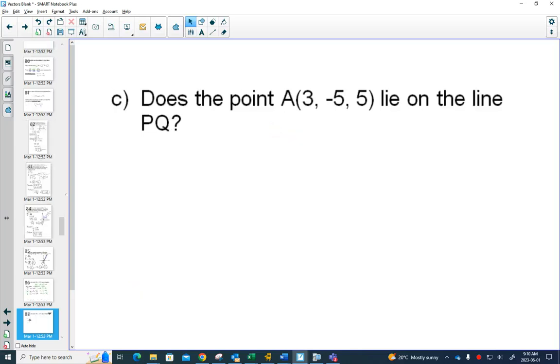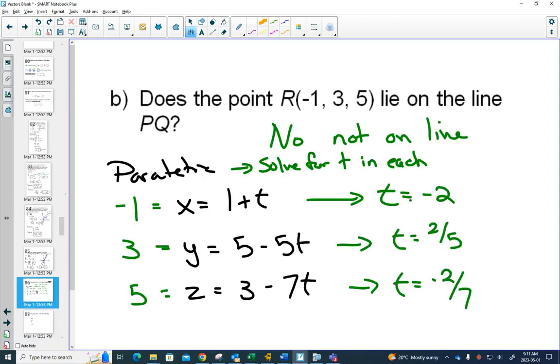What about this point? So again, we will rewrite out our parametric equations.